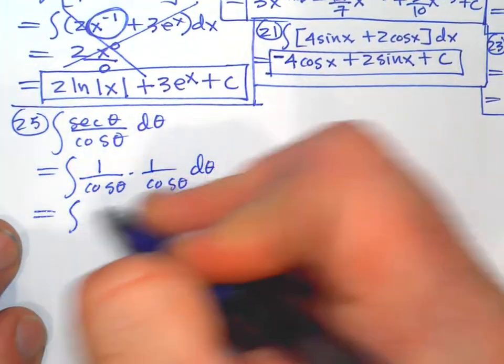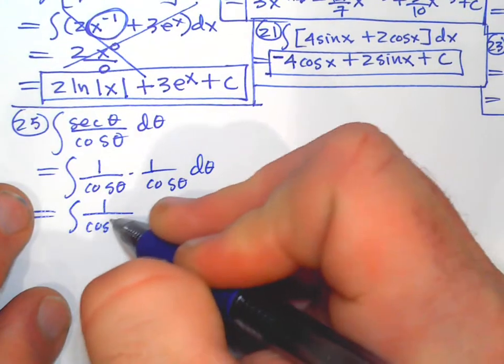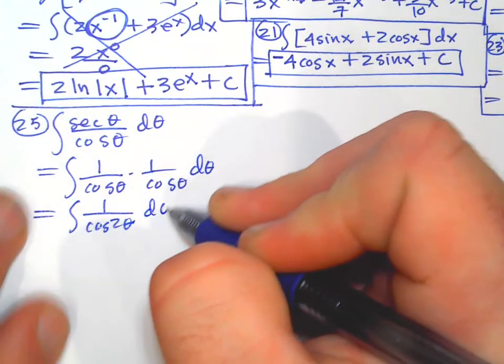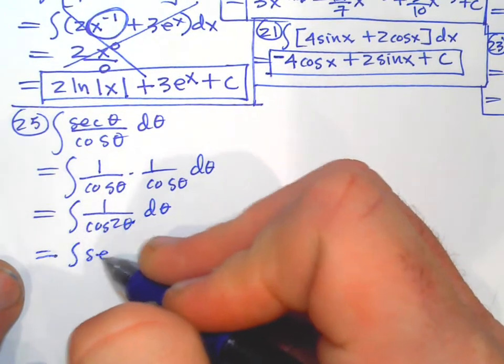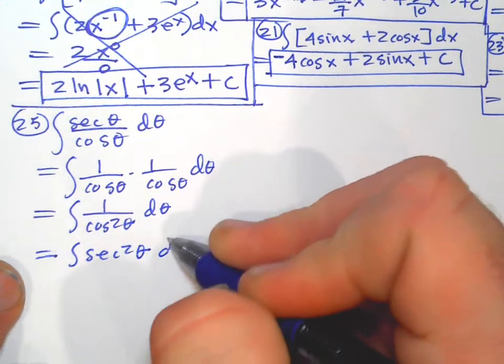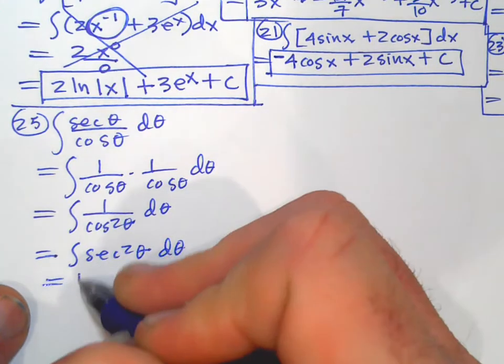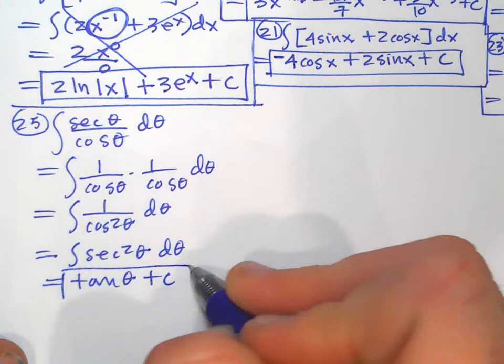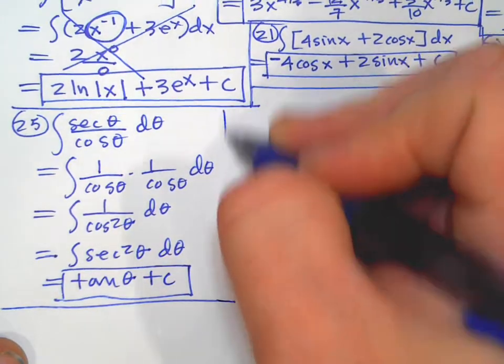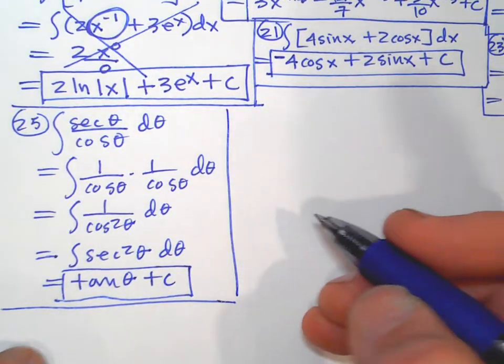And so then that would give you 1 over cosine squared. What's another way of writing 1 over cosine squared? Secant squared, right? And secant squared is the derivative of tangent. So sometimes you're going to have to get a little creative and rewrite things. Try it if you don't see it right away.